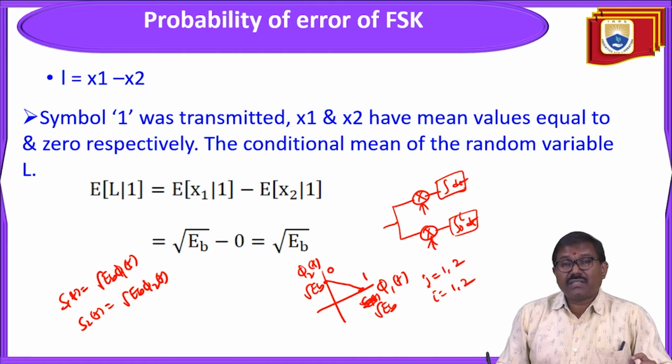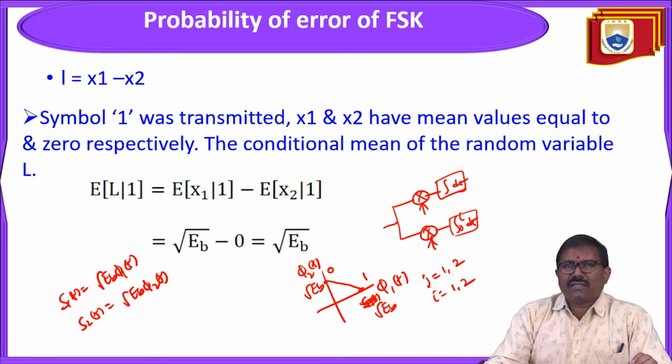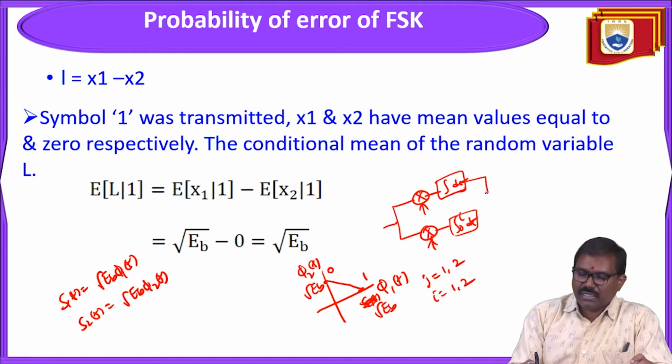You can see at the transmitter we are getting these two signals. Now here we are taking L, which is equal to x1 minus x2. Why? Because here we are taking the difference.